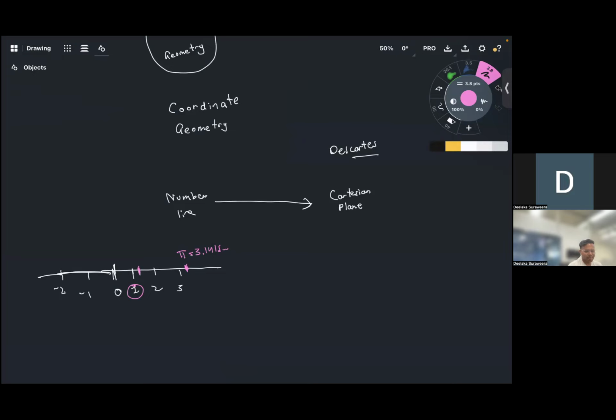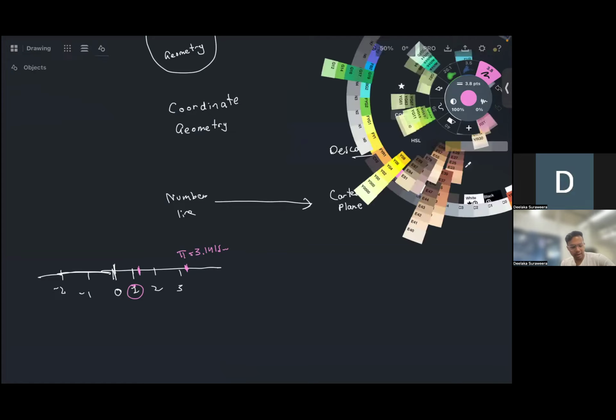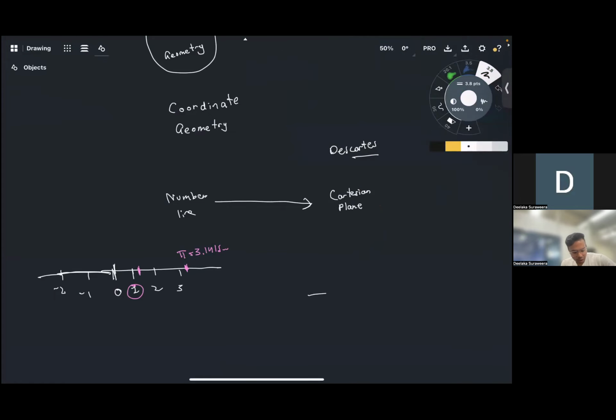But yeah, the number line covers every single number possible, right? And you've seen number lines a lot. We saw it in the inequalities, but you've seen it before that as well. What the Cartesian plane is basically is two number lines. You have one here, and the other one is perpendicular. Okay, makes sense?